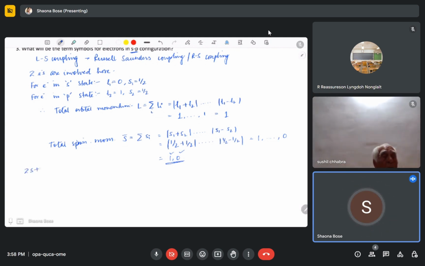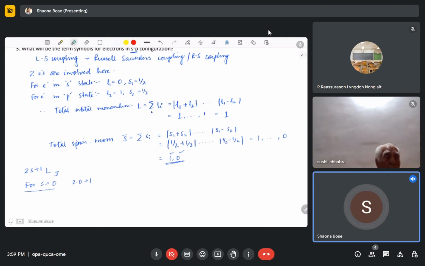Now let us go to our usual notation, 2S plus 1, and you have L and J. For S equal to 0, what do we have? 2 into 0 plus 1. And what will be L here?